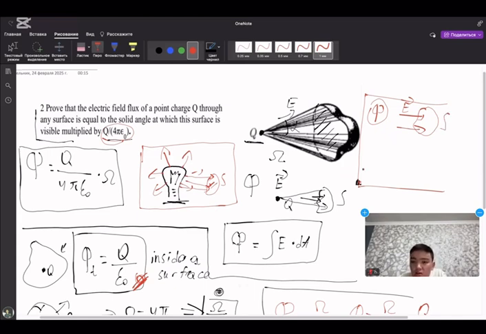And second, the solid angle is how much the surrounding charge covers this surface. The flux through any surface is equal to the solid angle multiplied by q over 4 pi epsilon 0, and it's the final formula.